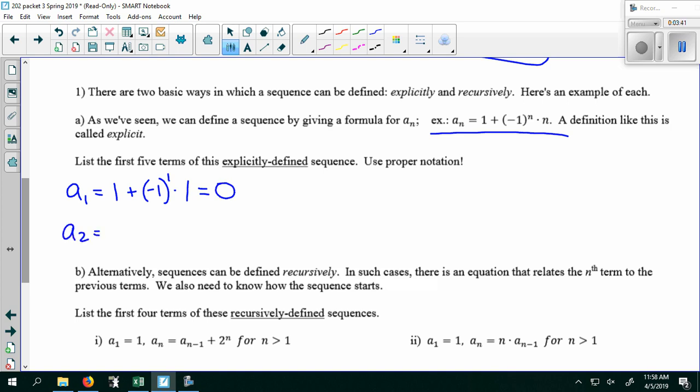A sub 2, that's going to be 1 plus negative 1 squared times 2. So negative 1 squared is 1, times 2 is 2, plus 1 is 3. A sub 3, that's 1 plus a negative 1 cubed times 3.